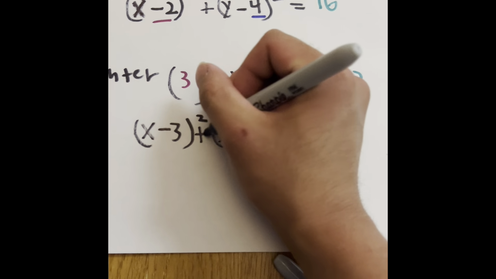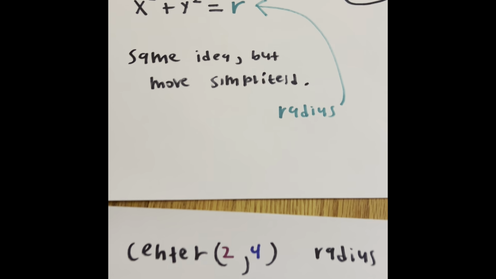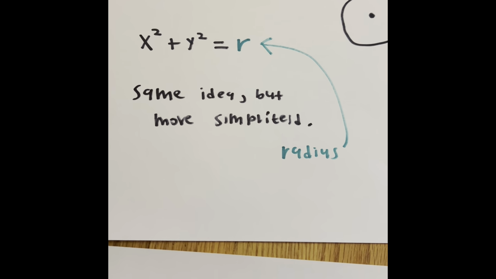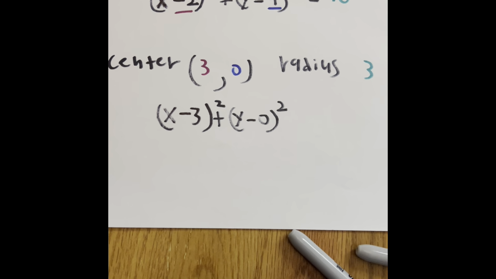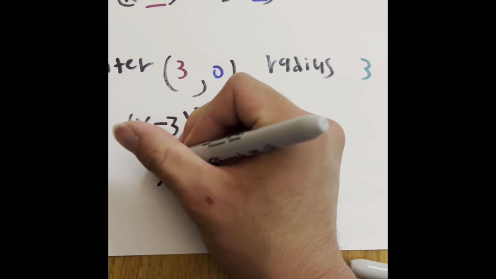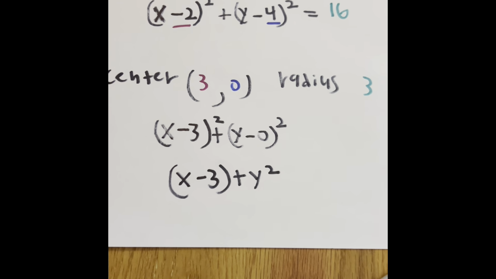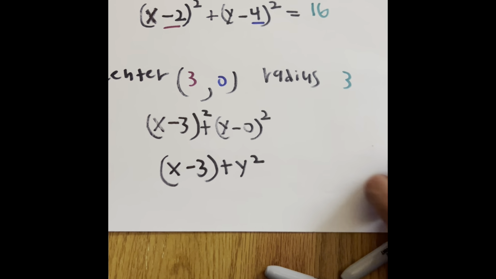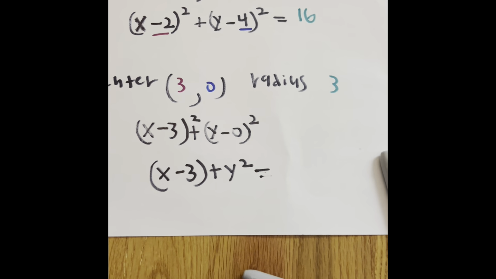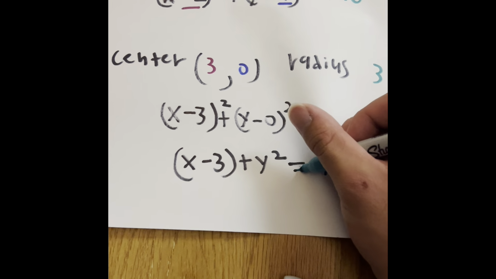Do you remember that rule where every time you have a 0, you just use the formula above, where it's just a number or a letter and a square? So in reality, it's supposed to be x minus 3 squared, then we add y squared because it's a 0 and nothing happens. And that is going to be equal to 3 squared, which is 9. Not 3 times 3 is 9.